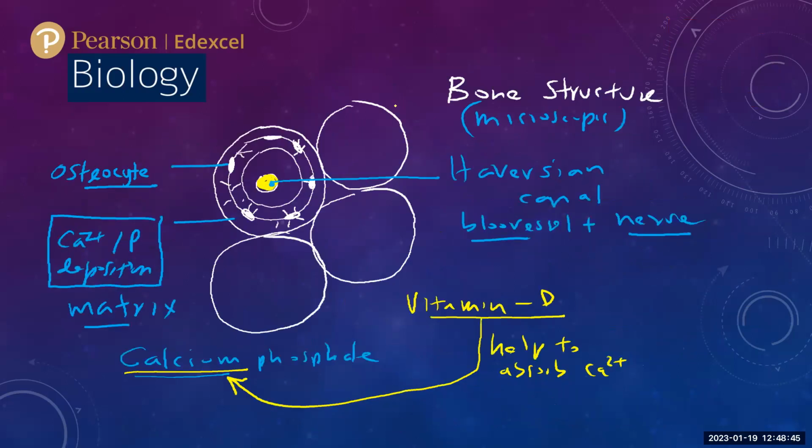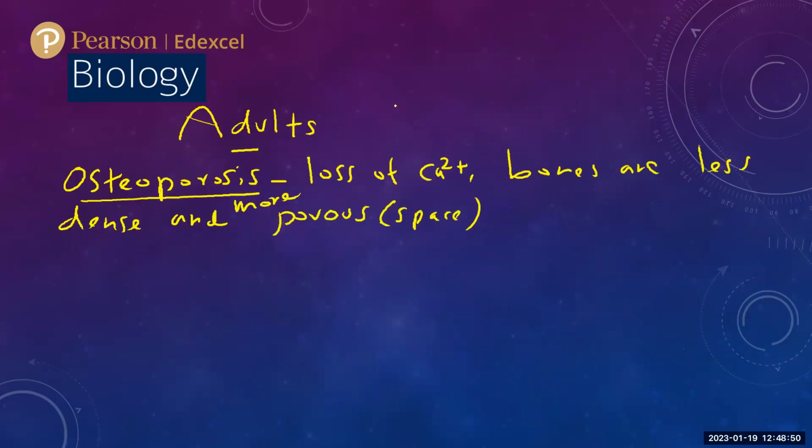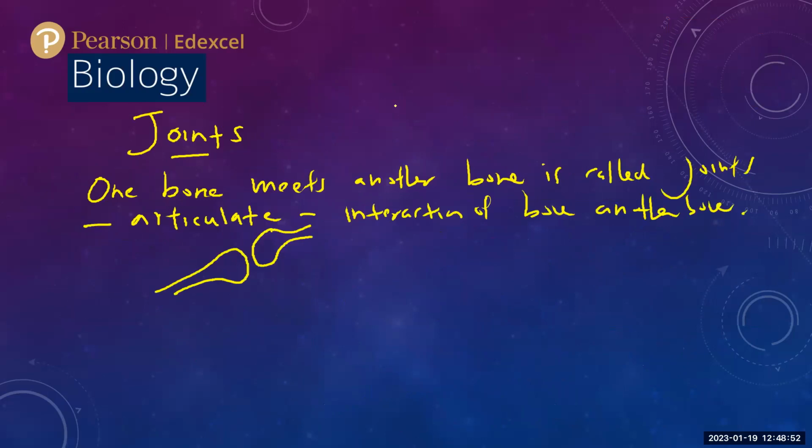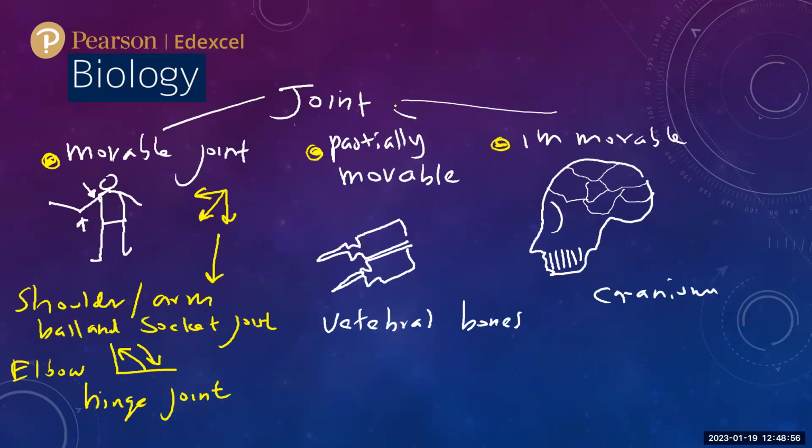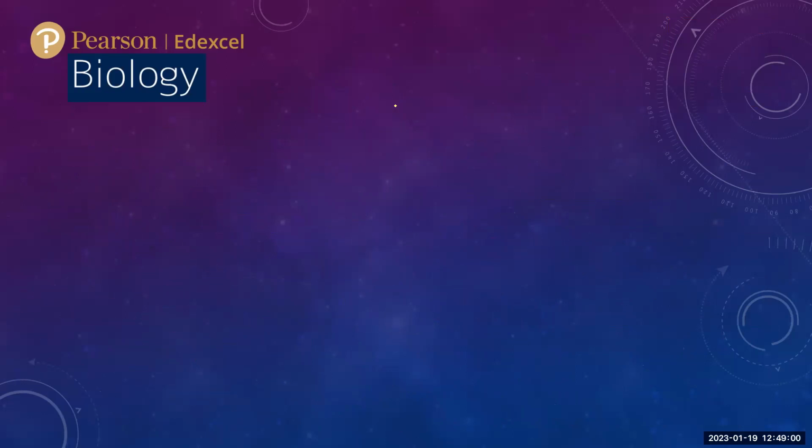Then the structure of the long bone we learned and the microscopic appearance of the bone. And there's a condition called osteoporosis. And we learned joints, structure of a joint, types of joints. And now the last thing to finish this lesson, we need to know about muscles.